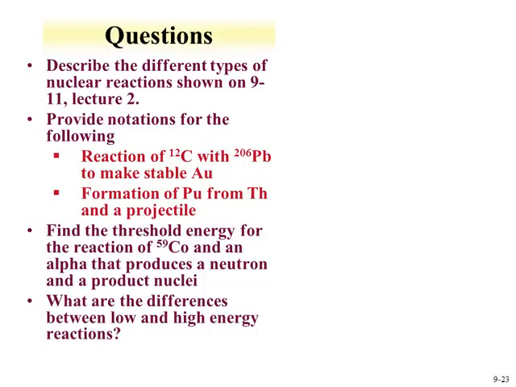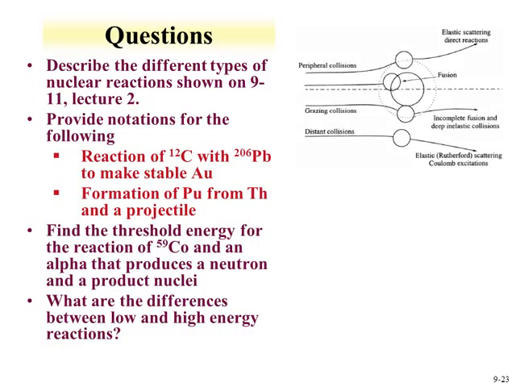Some questions you should be able to answer based on the two parts of Lecture 9 are provided here. So for instance, describe the types of nuclear reactions shown on page 11 of the second lecture. And these reactions are demonstrated here. One where you get some peripheral collisions, some grazing collisions, where you might get some interactions of nucleons, so some transfer of nucleons between the nucleus and the target.